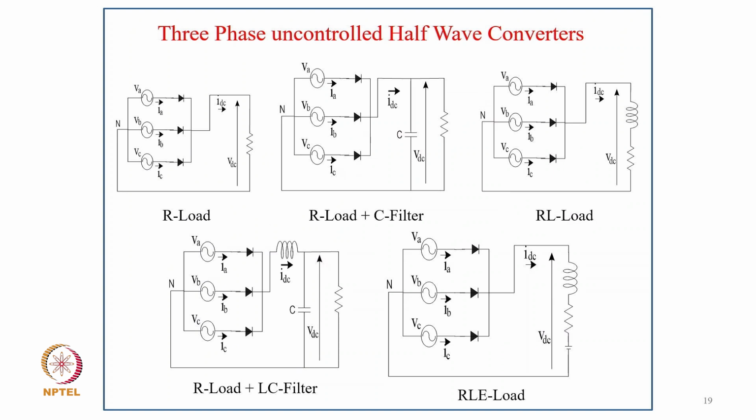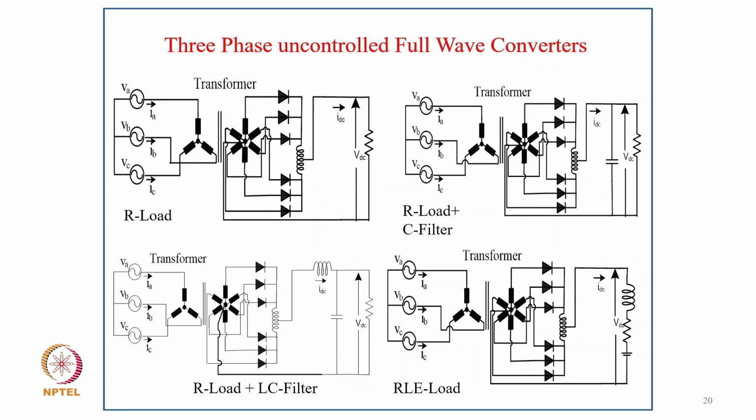Then these are of course the three-phase uncontrolled half-wave converter with different kinds of load, like resistive load, then capacitive filter with resistive load, then RL load, meaning inductive and resistive load, then LC filter with resistive load, and typically the RLE load.